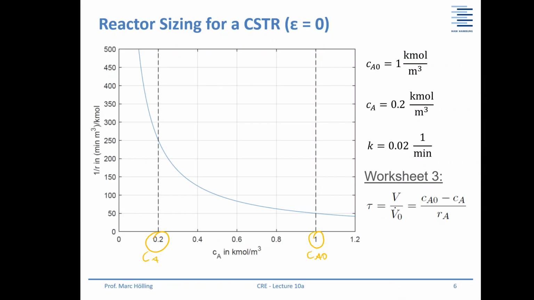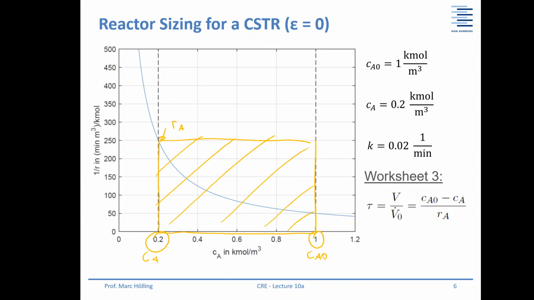Your residence time, you have to go to Ra, the reaction rate at the outlet of your reactor, and multiply it by the difference in concentration, and then you will find that your residence time should be something like this.